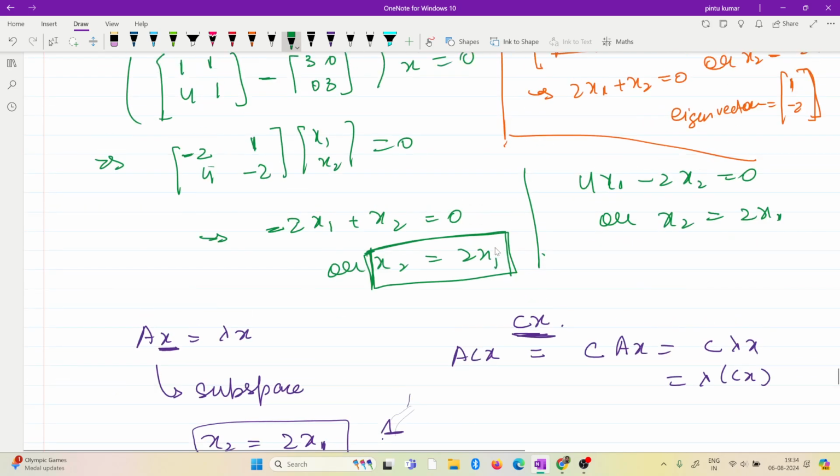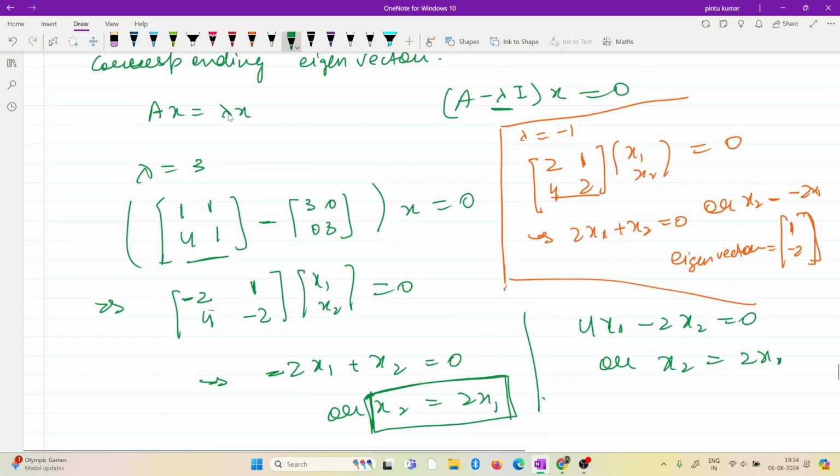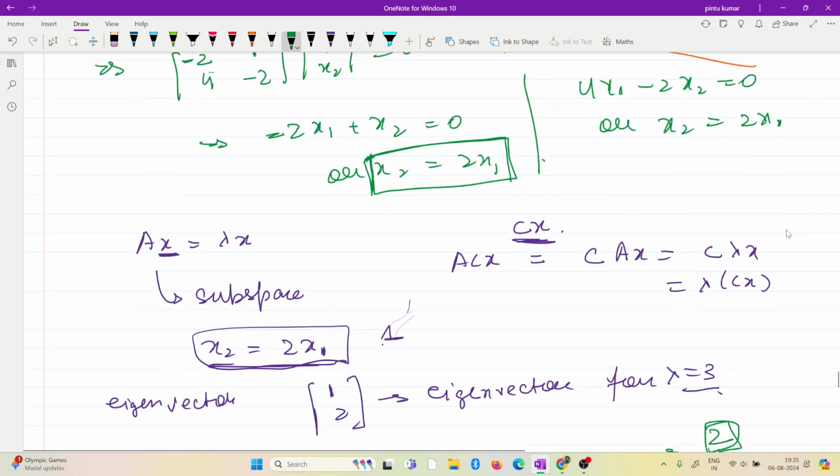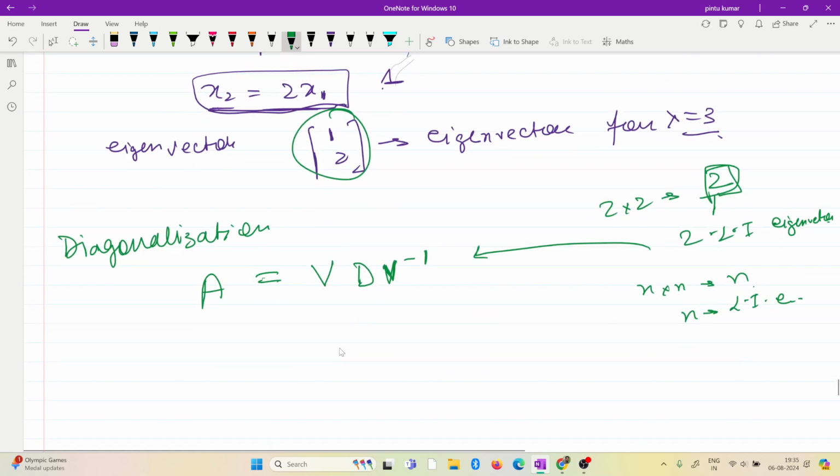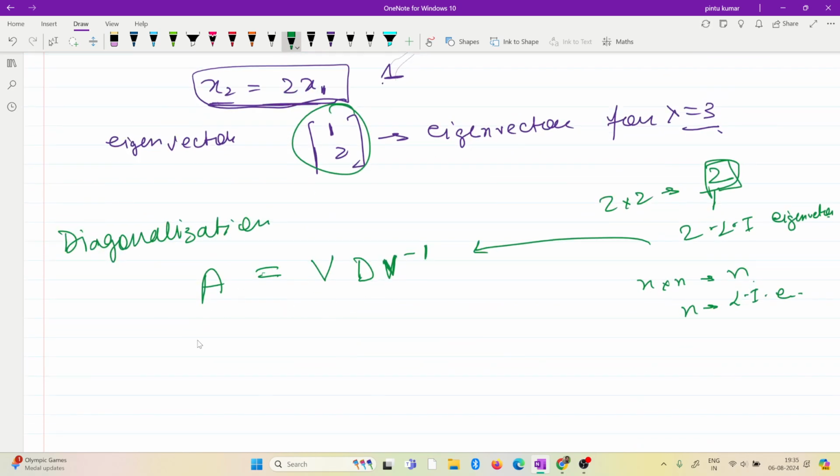In this case, this was a 2 cross 2 matrix where both rows were independent, 1 1 and 4 1; you can't get one by scaling the other. And you have two linearly independent vectors: one is 1 comma minus 2, and the one we obtained corresponding to 3, that is 1 comma 2. Then you can write it in this form.